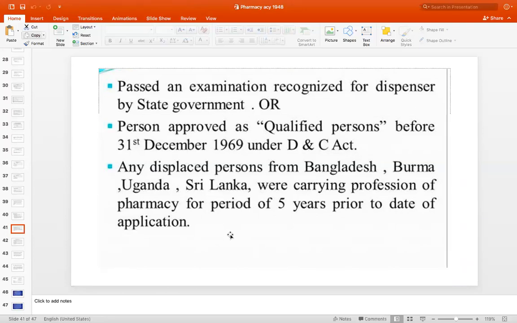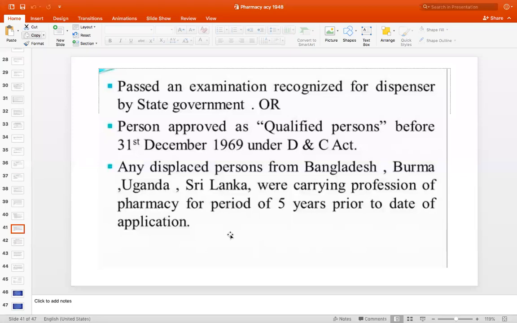Any displaced person from Bangladesh, Burma, Uganda, Sri Lanka who was carrying on the profession of pharmacy for a period of 5 years prior to the date of application. Means application for this special provision, again it comes between 1959 and 1969.